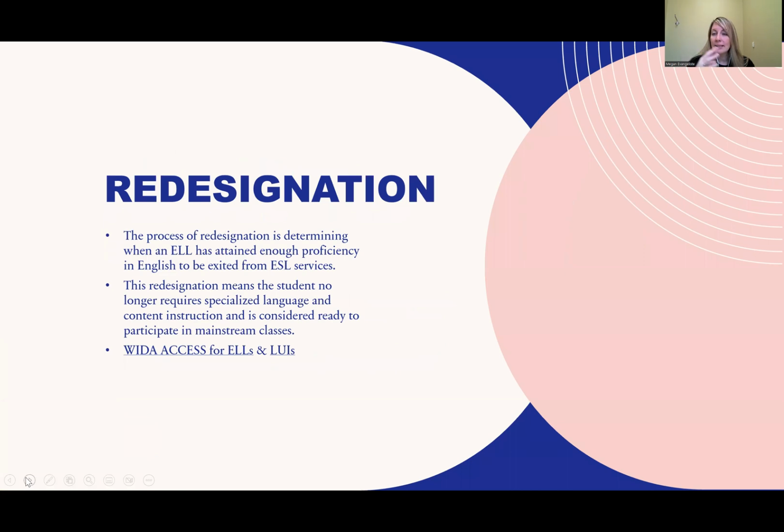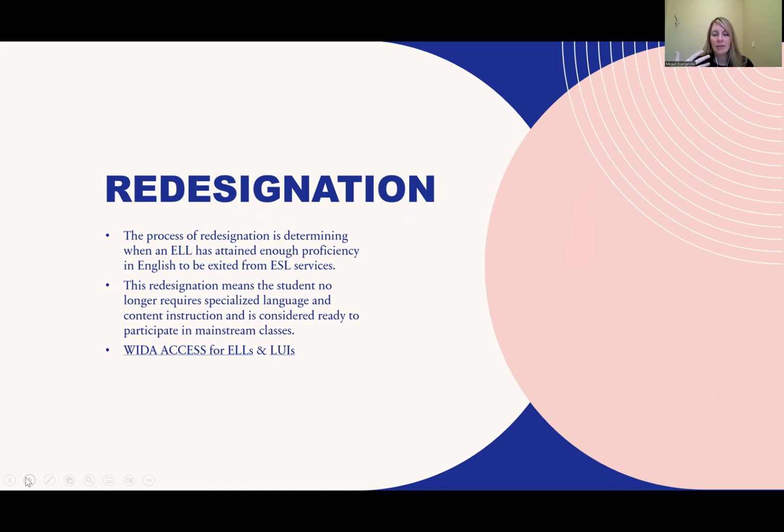So we talked about identifying students when they first come into the program based on their English proficiency when they enter. Students who have a lot of formal schooling may be able to exit the program in 2 to 5 years, for instance. This is called redesignation, or exiting, or reclassifying an English learner.